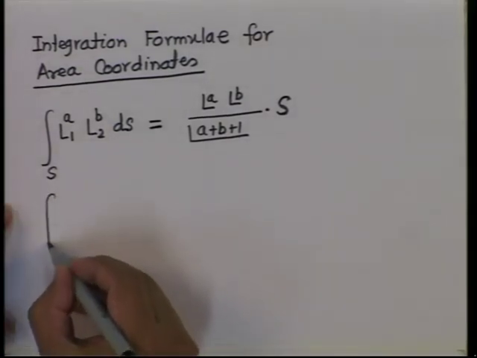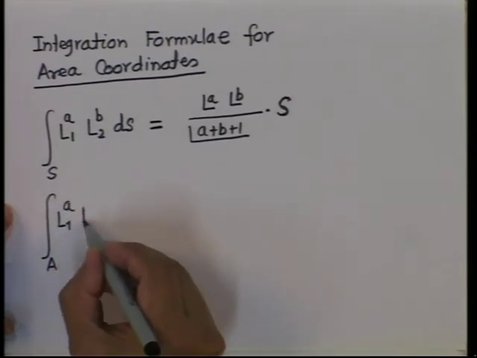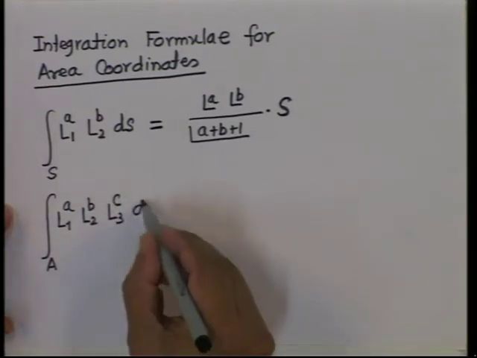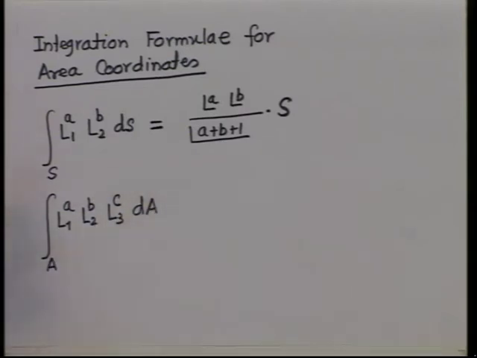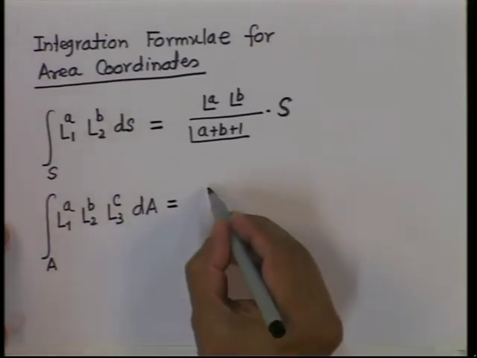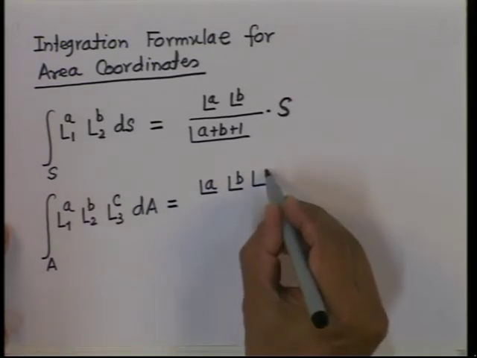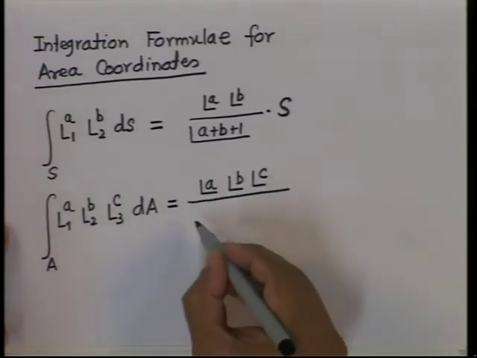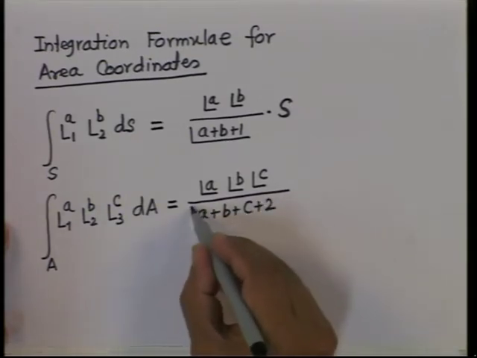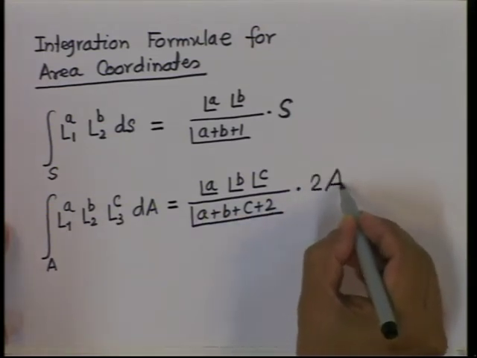Similarly, over an area, if you have to integrate L1 to the power A, L2 to the power B, L3 to the power C, if you have three such terms, then they have come up with a formula which is factorial A, factorial B, factorial C, divided by A plus B plus C plus 2 factorial, into twice the area of the triangle.